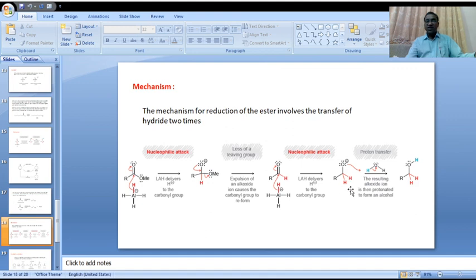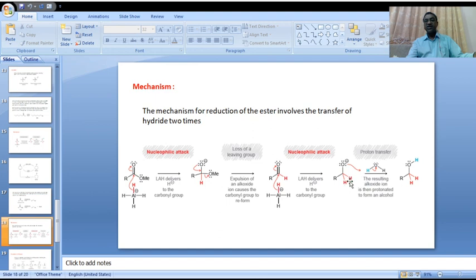Here we are representing the two hydrogens in red color. We are representing them with a separate color, red hydrogen. These two hydrogens, H minus nucleophiles, attack the carbonyl carbon in two steps. This is the first step, attack of the H minus nucleophile, and in the second step another H minus nucleophile attacks the carbonyl carbon.